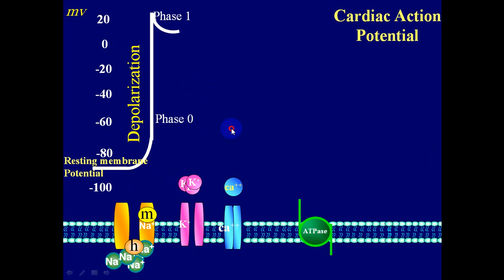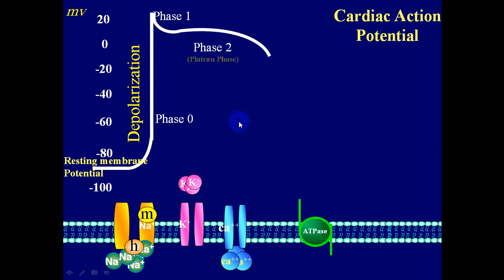The second phase is the plateau, due to the opening of the slow calcium channel, and calcium enters the cell and gives what is called the plateau, phase 2.